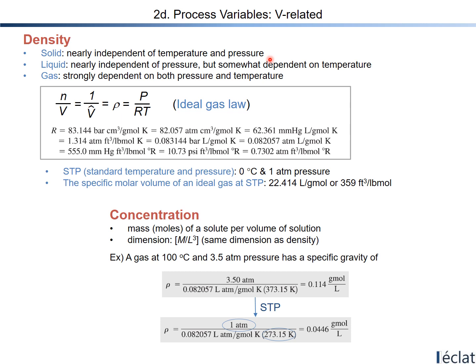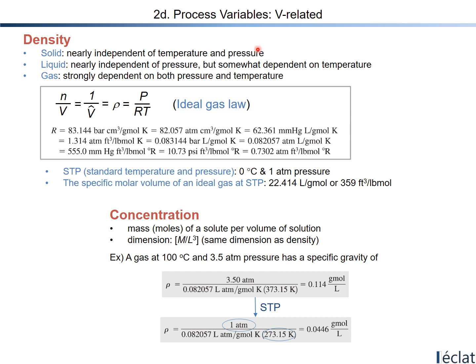Please push the stone with your weight. Is there any change about the volume? Nothing there. So solid is nearly independent of temperature and pressure. Of course, at very high pressure, the solid volume is changing a little bit. In that case, at high pressures, sometimes you should consider the volume change.